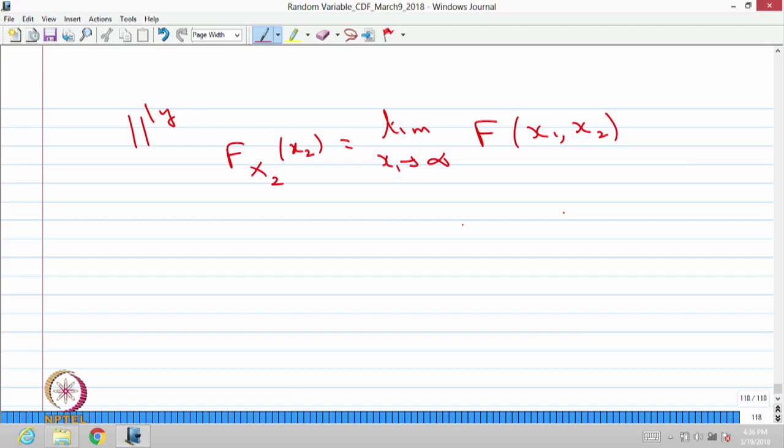This concept can be extended to an n-dimensional random variable. Suppose I denote capital X as an n-dimensional random vector.